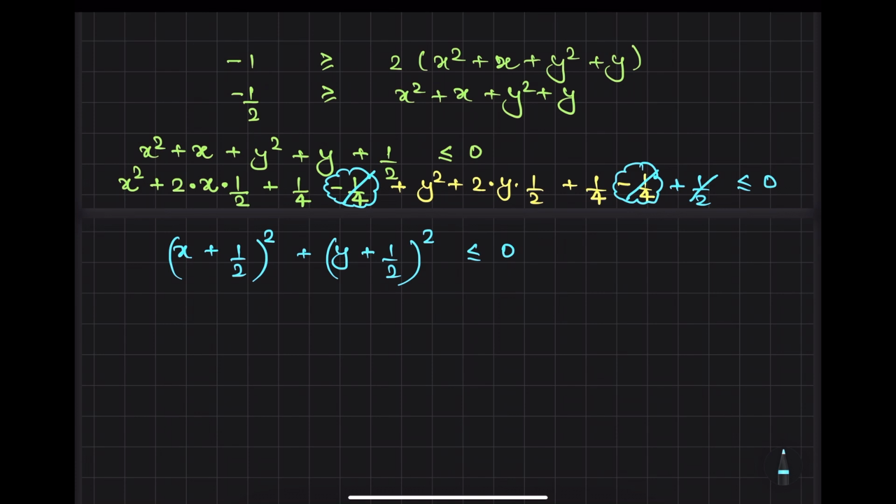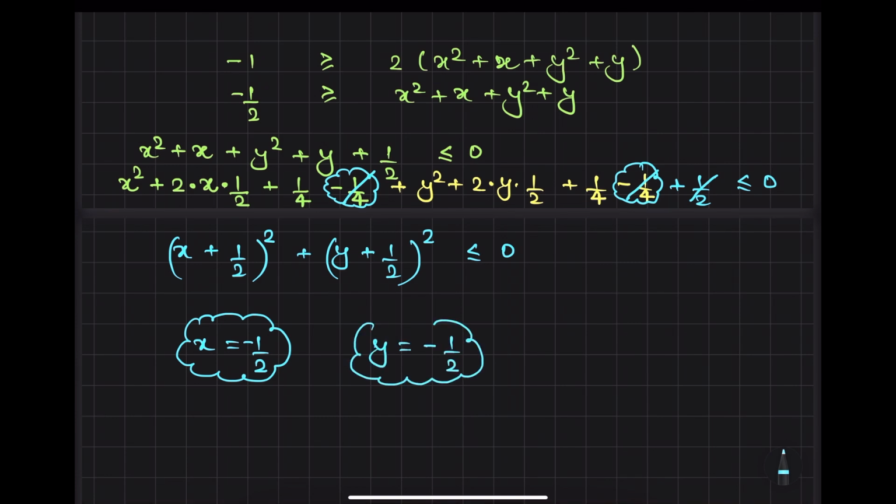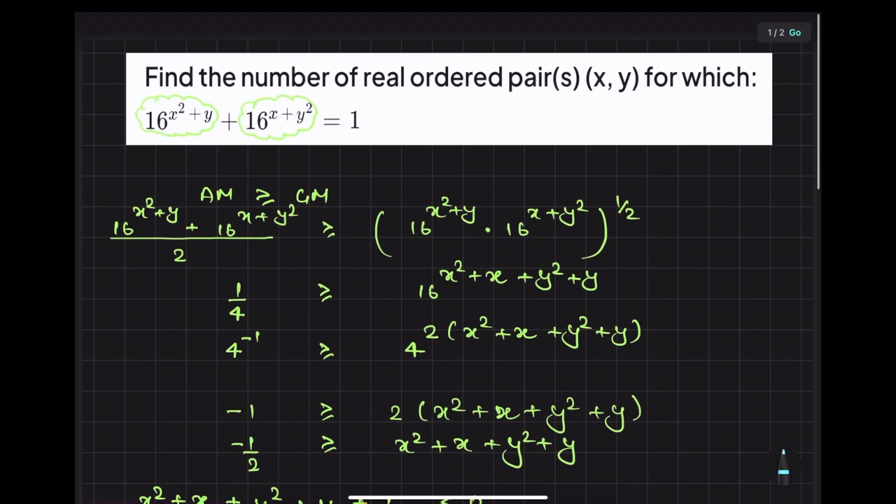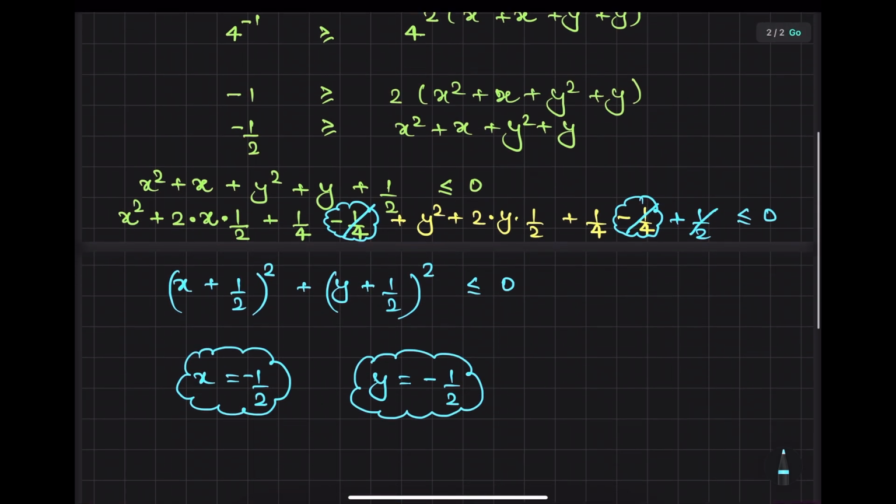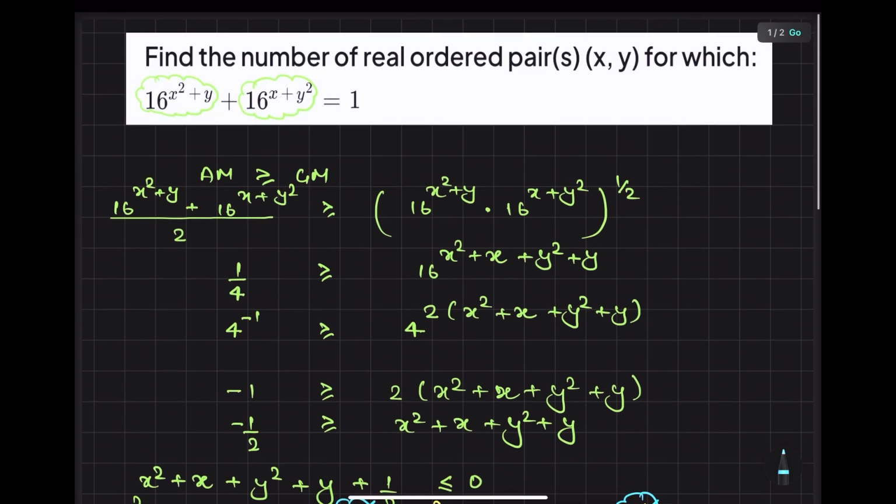You know that x and y are real numbers and the square of a real number will always be greater than or equal to 0. And they are saying that the sum is either 0 or smaller than 0. So it is only possible if this component is 0 and this component is 0. This means that the value of x should be minus 1 by 2, and the value of y should be minus 1 by 2.